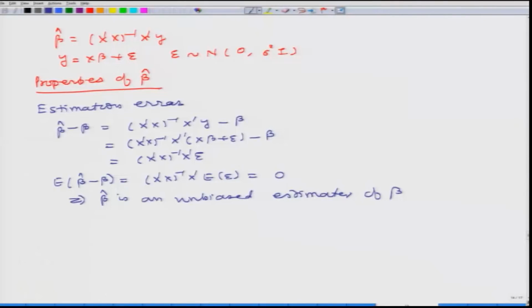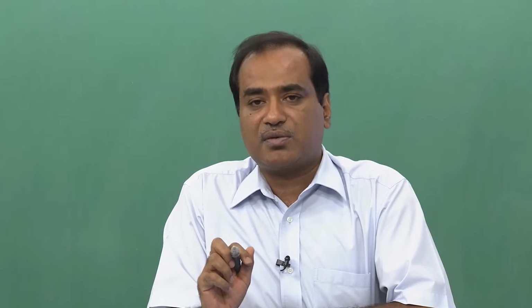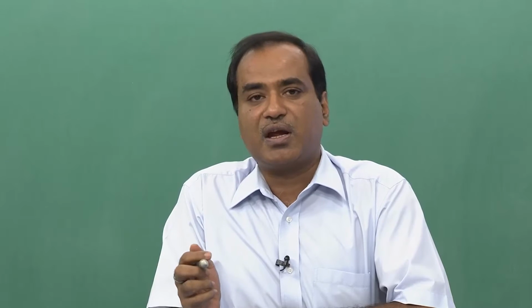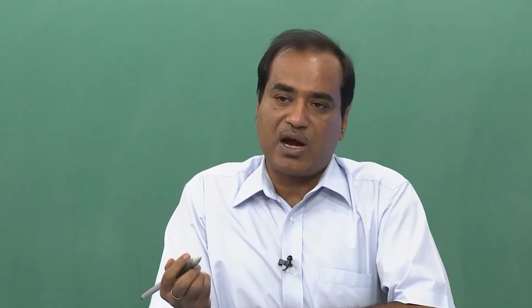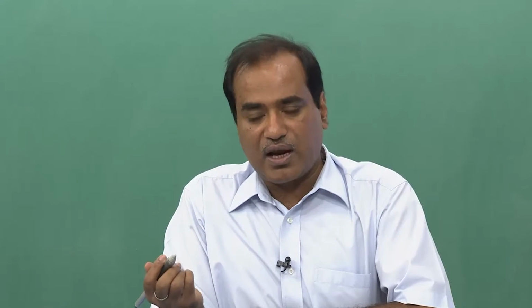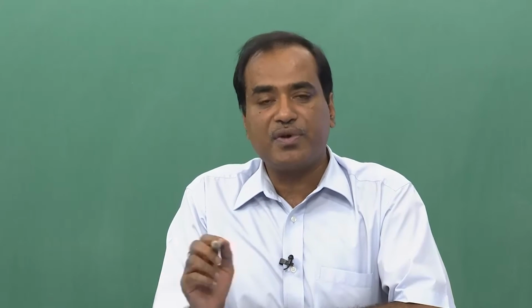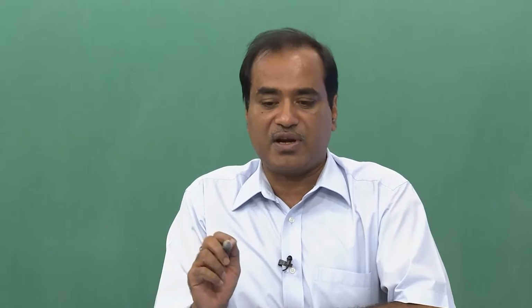Next we try to find out its covariance matrix. You may recall that in case of a simple linear regression model we had found the variances of beta 0 hat and beta 1 hat. We also found the covariance between beta 0 hat and beta 1 hat.